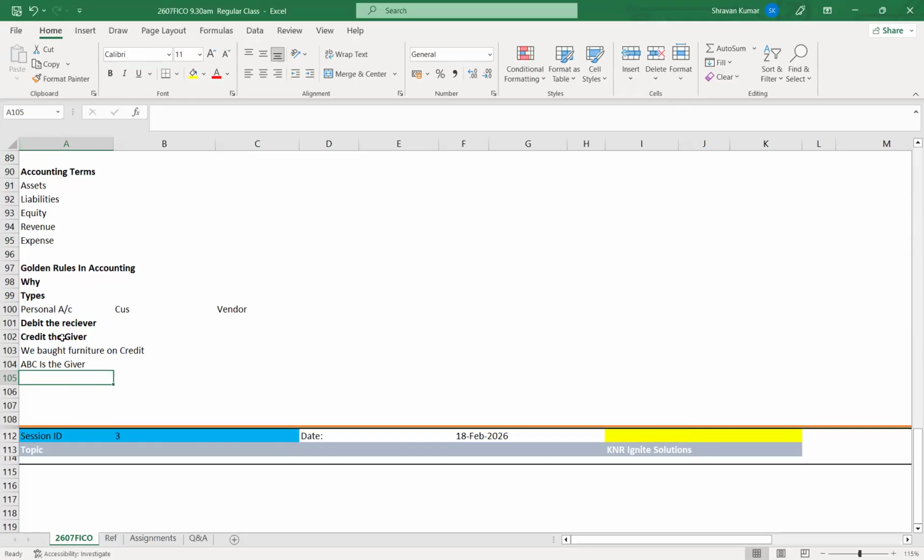As per the personal account rule, debit the receiver, credit the giver. In our case, we are receiving the furniture and ABC supplier is giving it, so we will be crediting the ABC supplier. And later, when we pay that supplier, ABC supplier receives the money, so at that time we will be debiting the ABC supplier.